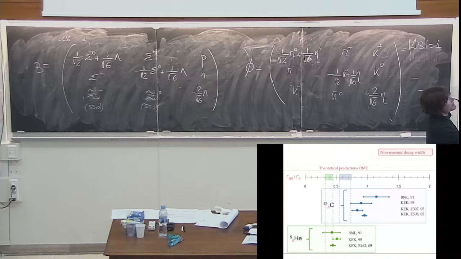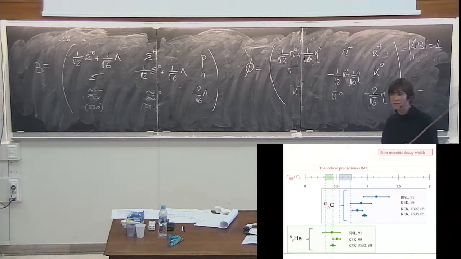You see the predictions, in green the ones for helium, in blue the ones for carbon. For helium, well, they are not bad. You have to take into account that this is only one-nucleon induced, right? So one has to add to the theoretical predictions the contributions of the two-nucleon induced channel and of the mesonic channel that will shift these numbers a little bit to the right. They will add to this quantity, so the agreement is not bad, it's quite good actually.